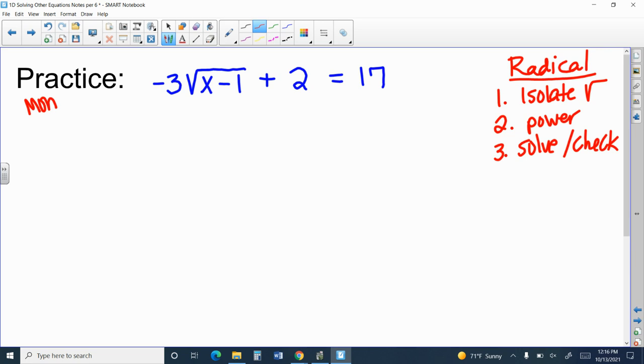We always want to be in the habit of checking for extraneous solutions. So to check, we want to take our solution and plug it into the original equation to make sure that it works. So plug the 26 in for x. So what that means is this is extraneous, or it doesn't work.